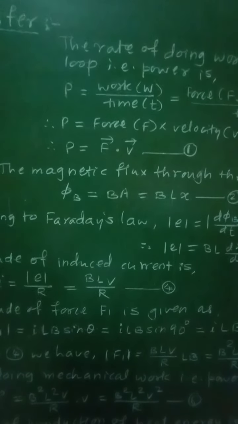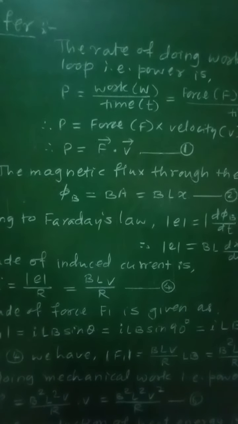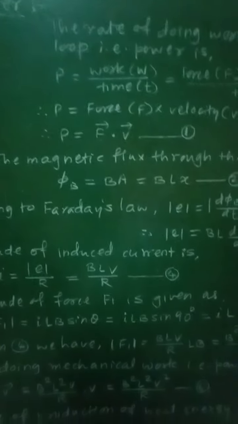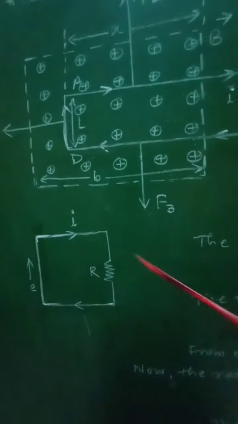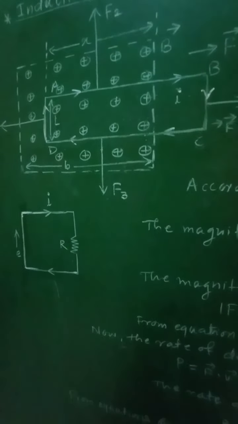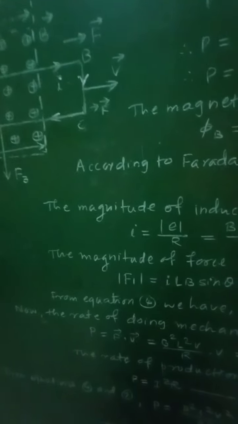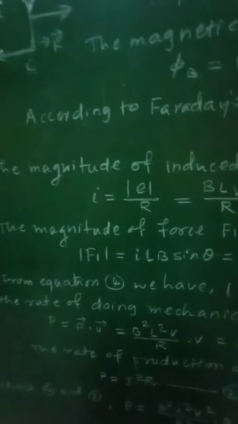Now similarly we can find the magnitude of the induced current I. This current I, which is induced in the circuit, will be given according to Ohm's law, V is equal to IR, and therefore I is equal to V by R, but here V is nothing but the induced EMF.